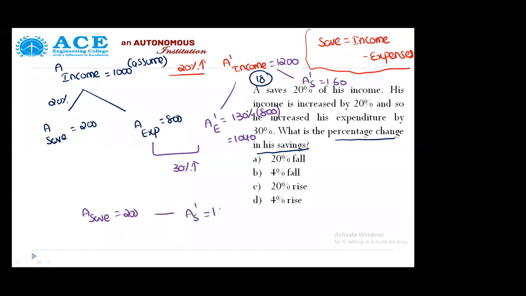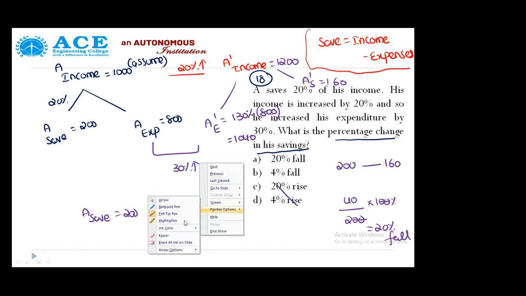Is it an increase or a decrease, guys? A rise or a fall? Fall. How much is the fall? 200 became 160, which means a fall of 40 from 200. Relative to 200, this gives you a 20% fall.